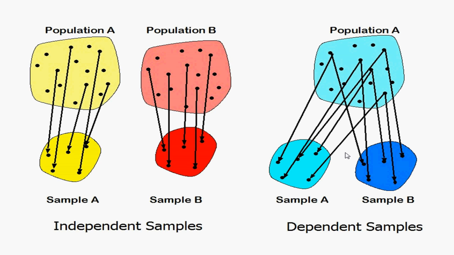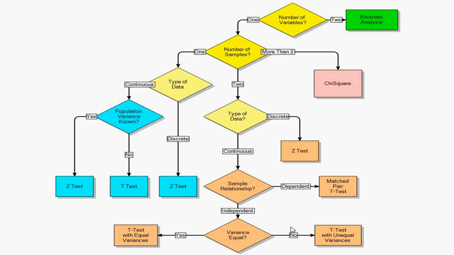Or even in medical testing, drug testing, we might have the medication provided, and then we take a second measure of the same elements. That's a dependent, often called matched pair. So hopefully this will give you a little better sense of how to determine not only how many samples I have and what the relationship is, but also which statistical test I need to run.